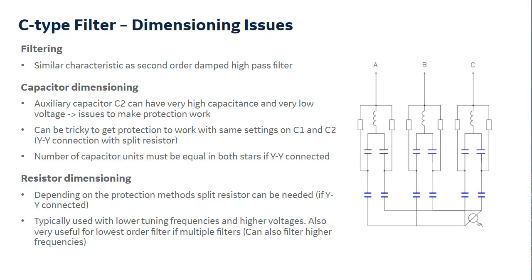And then it's typically used with lower tuning frequencies and higher voltages, and is very useful for lowest order filtering of multiple filters. So if you really use only one filter, this C-type, it will also filter the others a little bit because it's a wideband filter. So this is very typical for renewables.